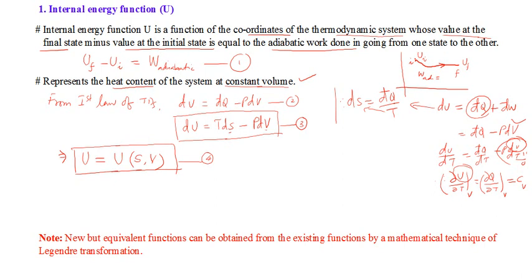And remember, these S and V, which are already defined thermodynamic parameters, are known as the natural variables of U. Please don't mistake this for U. S and V here are known as the natural variables of U. It means that you can actually express U in terms of some other variables.